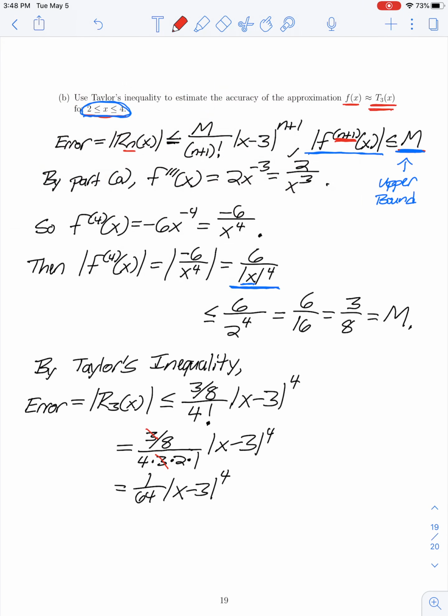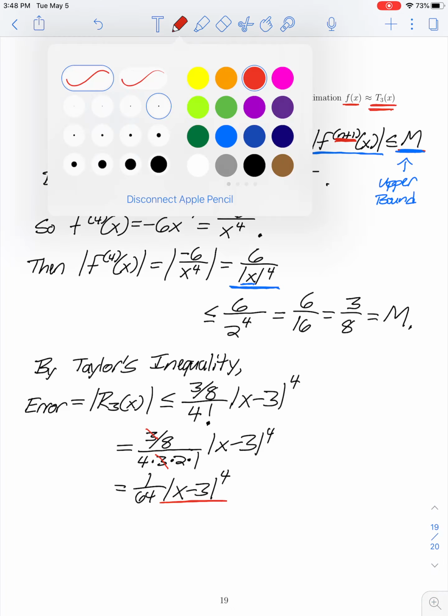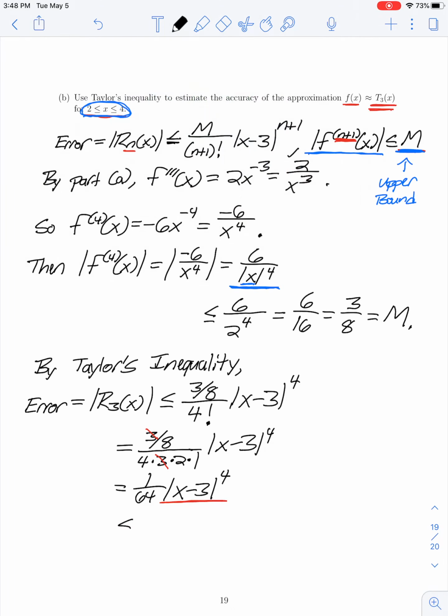So in order to maximize this expression, I want to maximize the absolute value of x minus 3 to the fourth. Here, the largest value that I could have for the absolute value of x minus 3 is 1. Now, why 1 here?